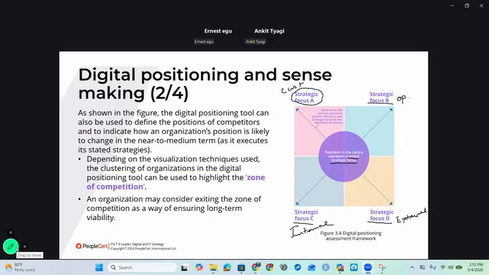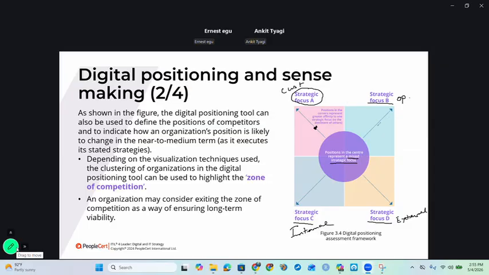Now, if my organization is a digitally mature organization, which means I've been using technology for a longer period of time, I know how to best use the technology, then I don't need to focus more on operational excellence. What I can do is position my organization right here, more towards the corner of strategic focus A, which is customer relevance, because operational excellence is something that I've already achieved.